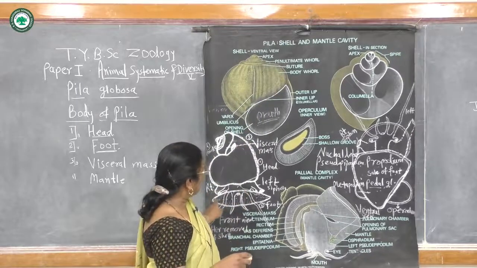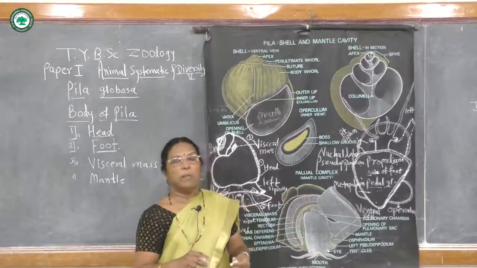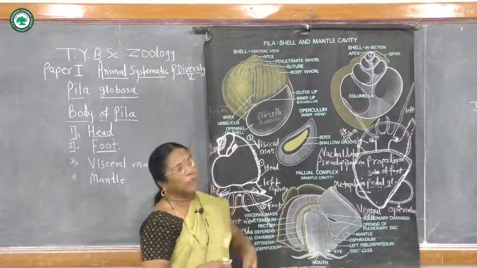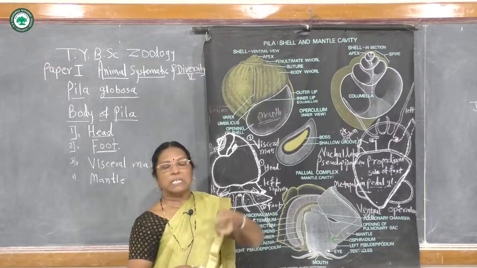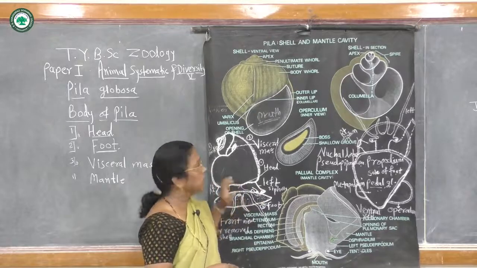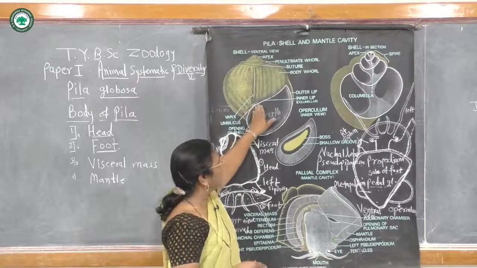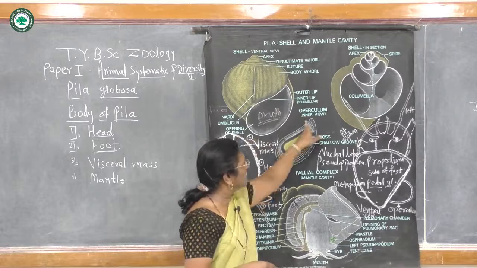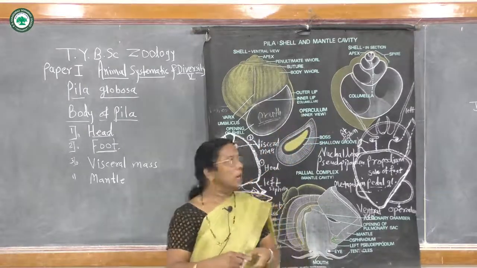Head and foot come out within a certain limit for feeding or locomotion purposes, and when the animal is disturbed, the columellar muscles withdraw this muscular part of head and foot inside the shell and close the aperture of the shell with the help of this flat oblong plate called the operculum or lid of the shell.